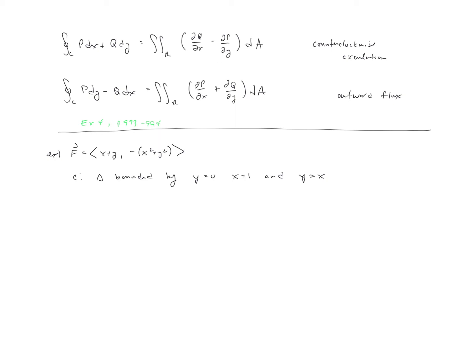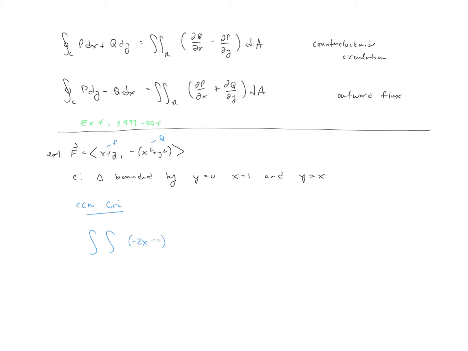So let's go ahead and take a look at this example right here where we've got our vector field F, we've got our curve, which is going to be the triangle bounded by these three lines. So if we start here and we want to compute counterclockwise circulation, then identifying this guy right here as our P and this guy here is our Q, following this setup right here, partial Q with respect to X would be a negative 2X, and then minus partial P with respect to Y, which would just be a 1.